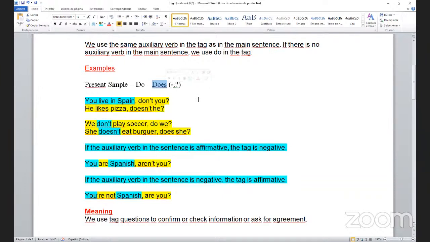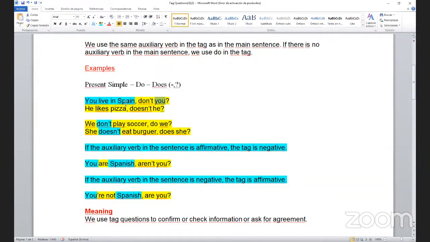We use just the verb, right? So, for example, here: you live in Spain. In this case, it is affirmative. I have to remember that you works with do. So in my negative, I have to use: don't you?